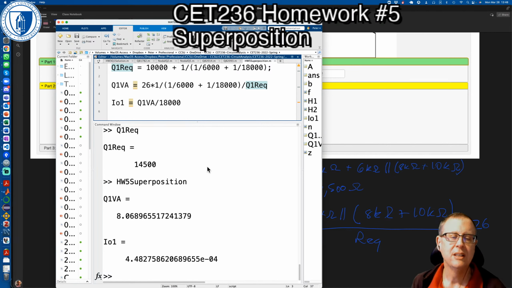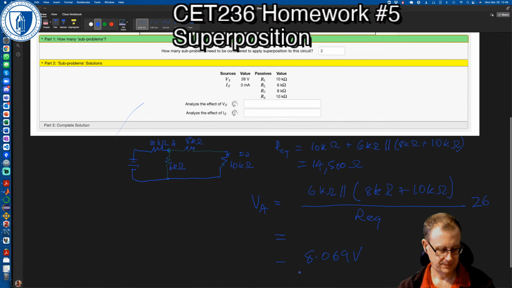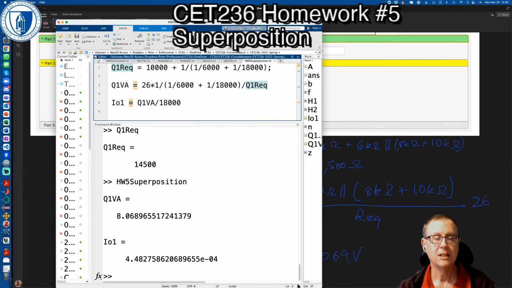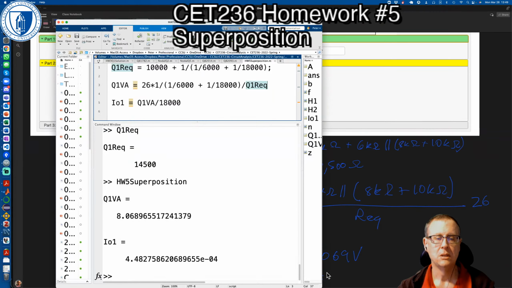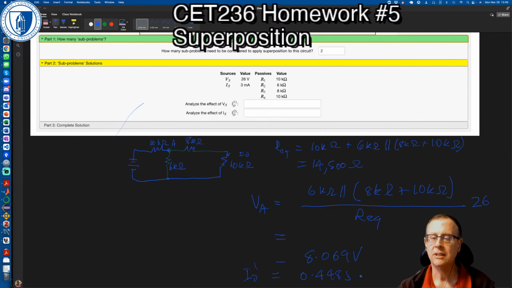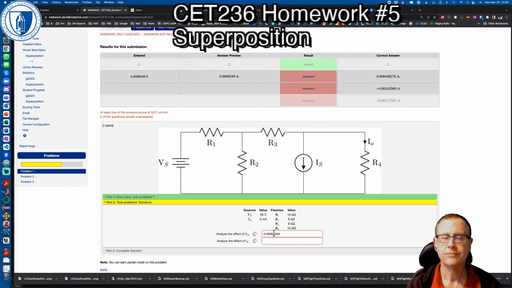So now our Q1, our VA is 8.069 volts, and our I01, what was it, is 0.4483 milliamps, or 0.000448 amps.